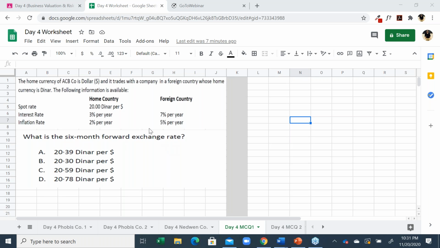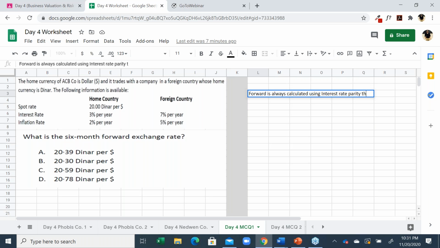Okay, now how to calculate a forward rate? Remember, a forward rate is always calculated using interest rates, interest rate parity theory. So the formula is the spot rate.